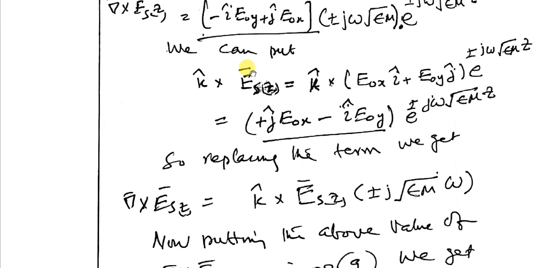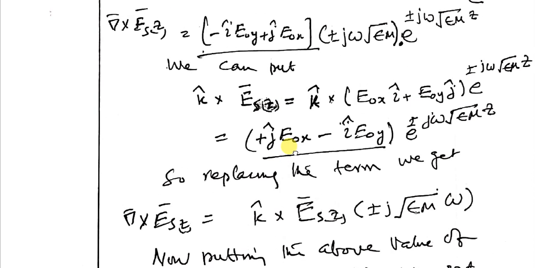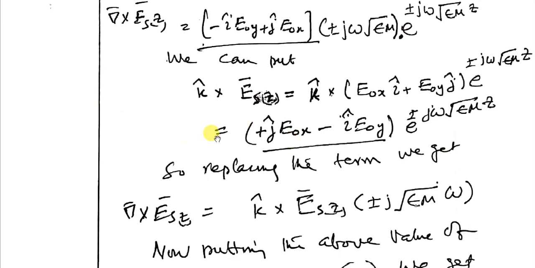So we put it as k cross E of sz. If you take k cross E of sz, we get k cross of E naught x i plus E naught y j. So this was the final result of the curl of E, the left hand side of the last equation.